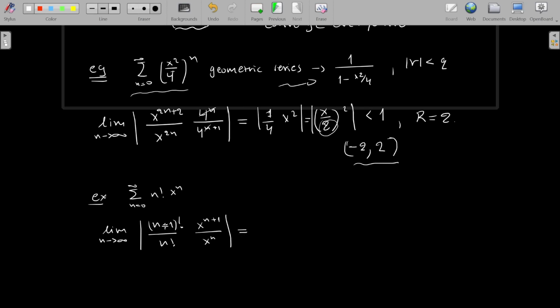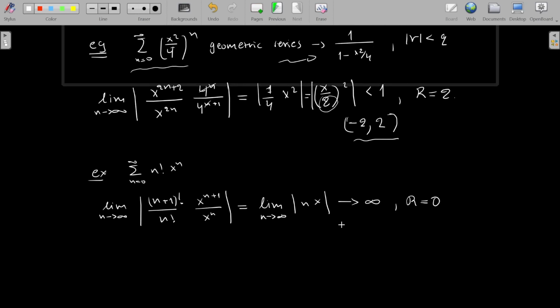And this will simplify to just n plus 1. But since n goes to infinity, 1 is very small compared, so just n. And this is just x. And when n goes to infinity, this still goes to infinity, meaning that the radius is 0.